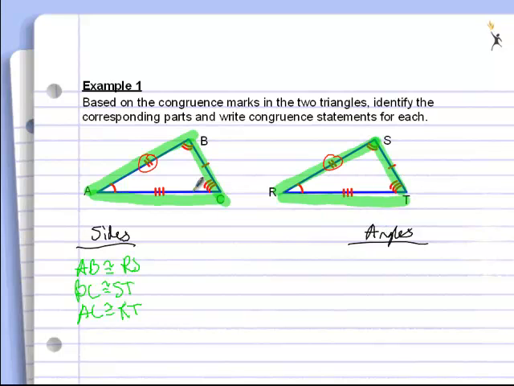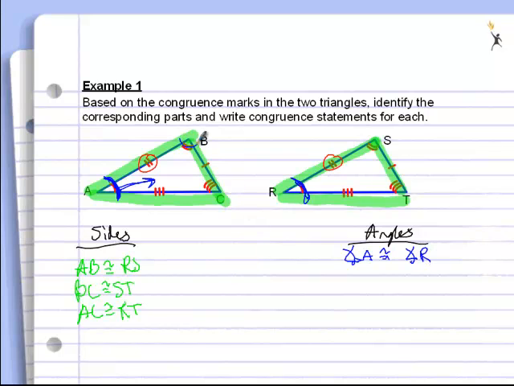The angles. Let's talk about the angles. The first thing I'm going to talk about is angle A. Angle A is congruent with what angle on the other side? What angle in the other triangle projects in this direction, or is in this position? It's angle R, which means that angle A is congruent to angle R. They are corresponding parts.